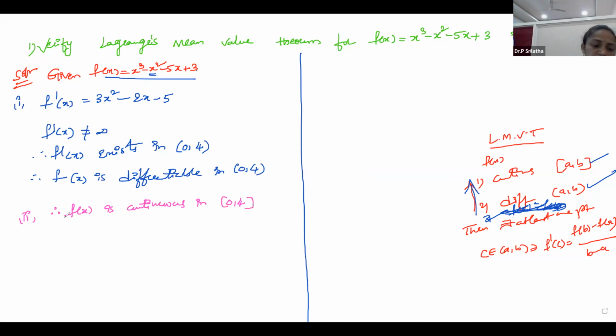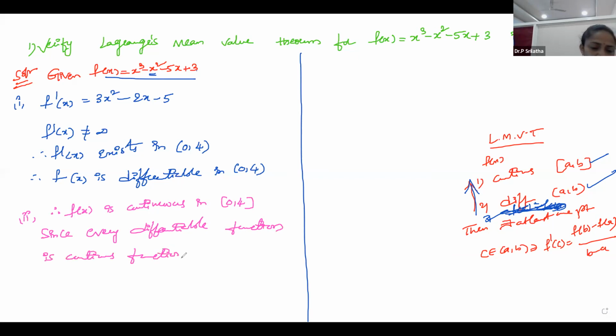Why are we writing this directly? Because we already know from the note that every differentiable function is a continuous function, isn't it?